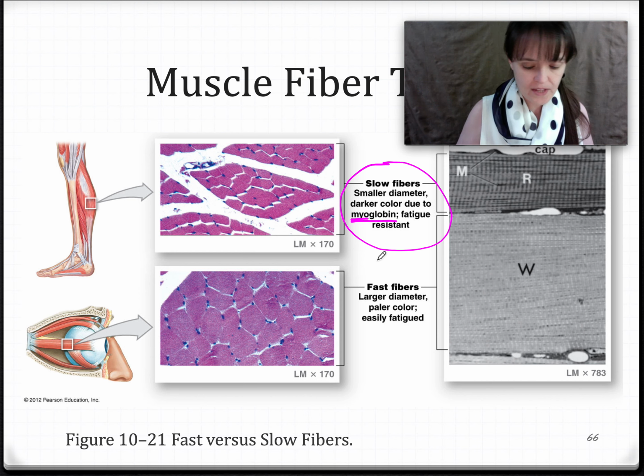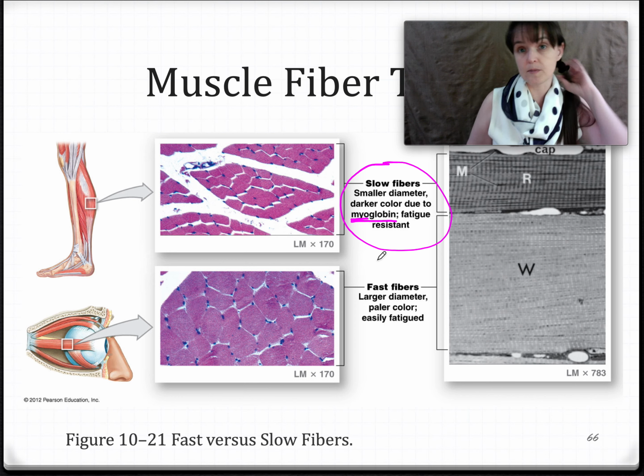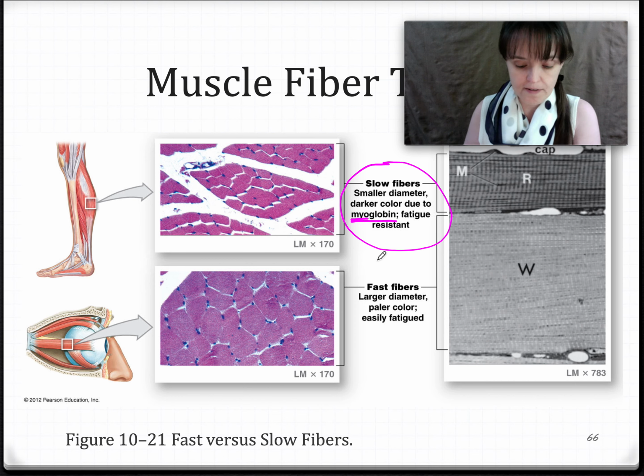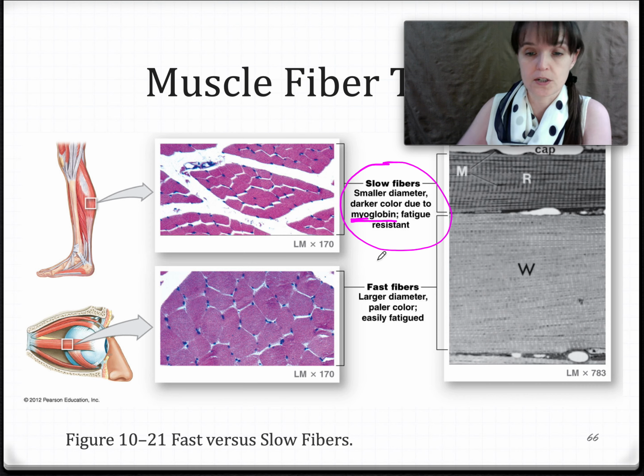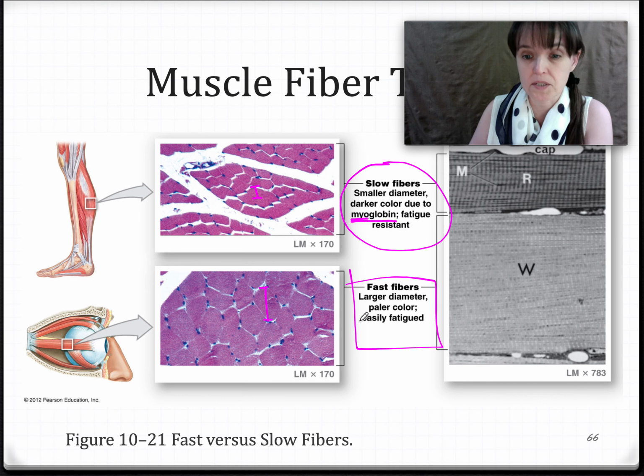Okay. And then the fast fibers, and this is what we have the most of. The fast fibers are larger, and you can see this in the picture here. The fast fibers have a larger diameter than the slow fibers, like twice as big on that picture.